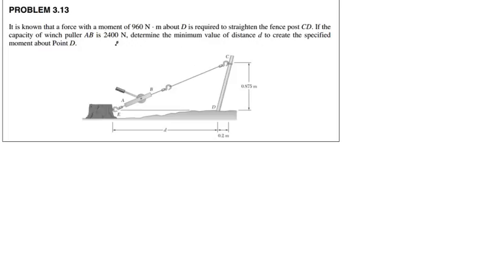So we know that a force with a moment of 960 Newton meters about D is required to straighten the fence post CD. If the capacity of the winch puller is 2,400 newtons, determine the minimum value of distance D to create the specified moment about point D.